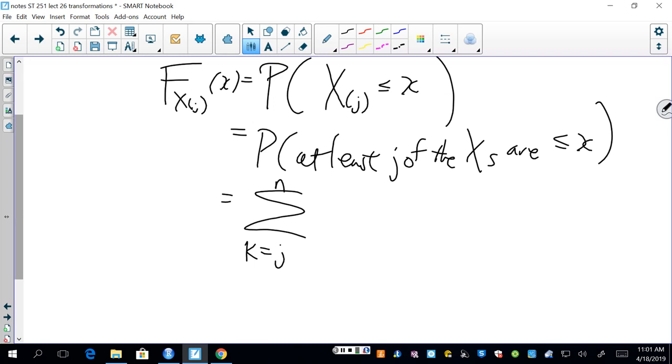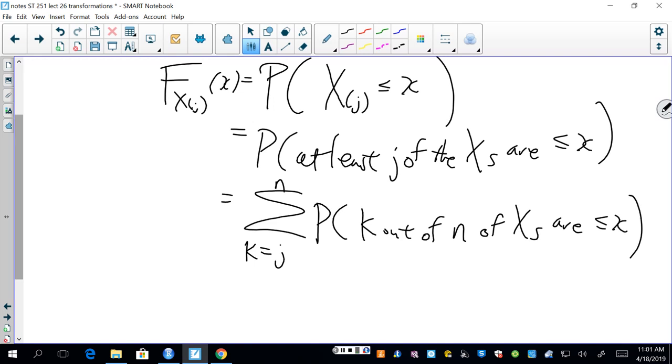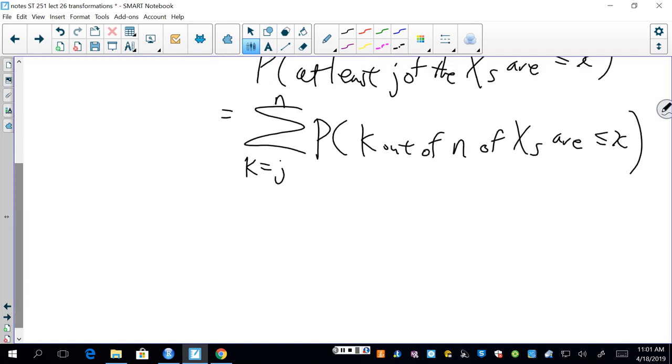And you can add up the probability that k out of n of the x's are less than or equal to x. Kind of like a binomial, it's a funny binomial.